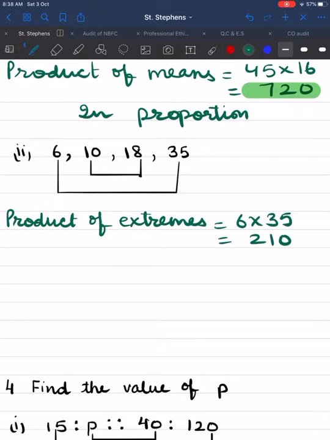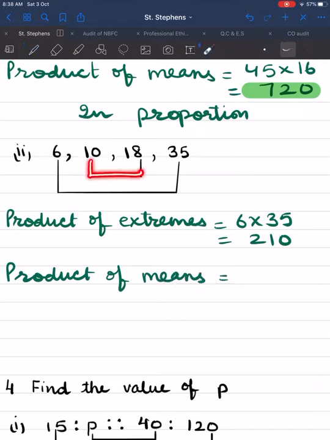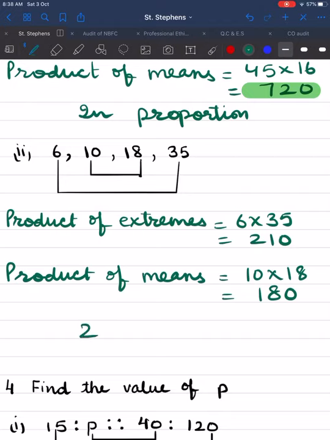Now for the product of means, we multiply the second and third term. So it is 10 into 18 and we get 180. So here the product of extremes is not equal to the product of means. So we say numbers are not in proportion.